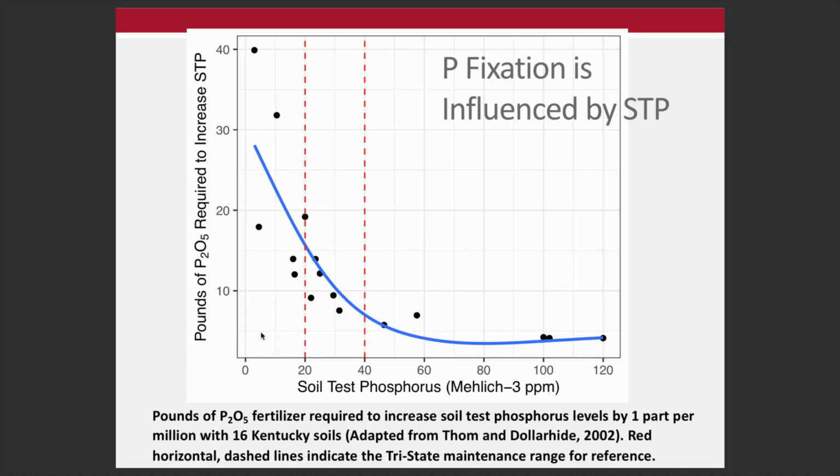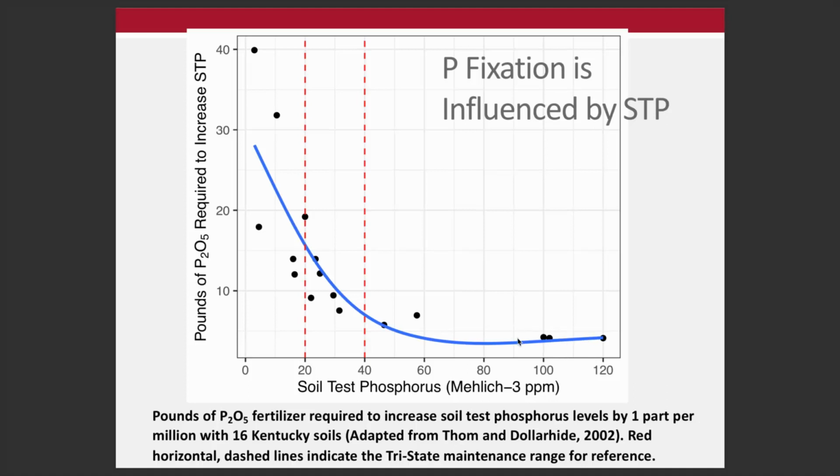And this is pounds of P2O5 fertilizer required, pounds of phosphorus fertilizer, to increase soil test phosphorus by just 1 part per million. The whole point of this graph is to show data close to home showing that as our phosphorus availability increases, how much phosphorus is required to raise these levels even further is very small, right?